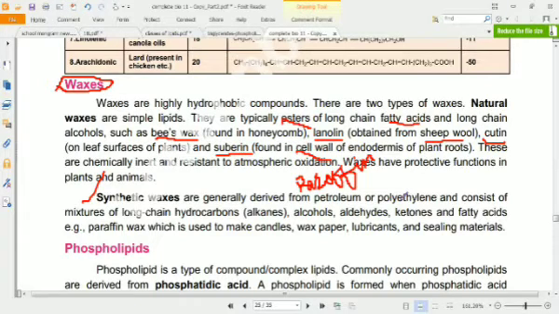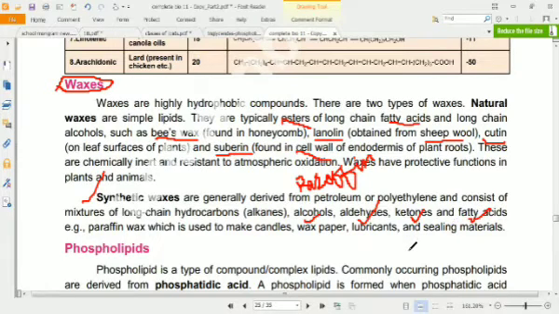Because these are synthetic, they consist of a mixture of different groups: long chains of hydrocarbons like alkanes, alcohols, a mixture of aldehydes and ketones, as well as fatty acids, in different ratios.